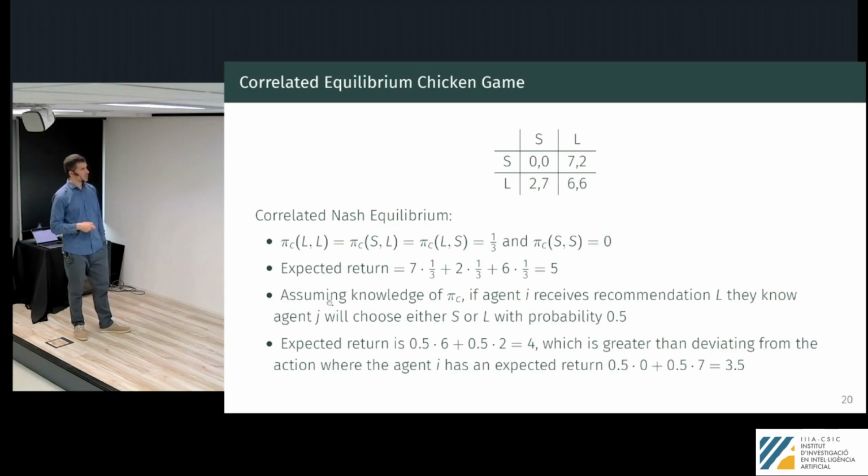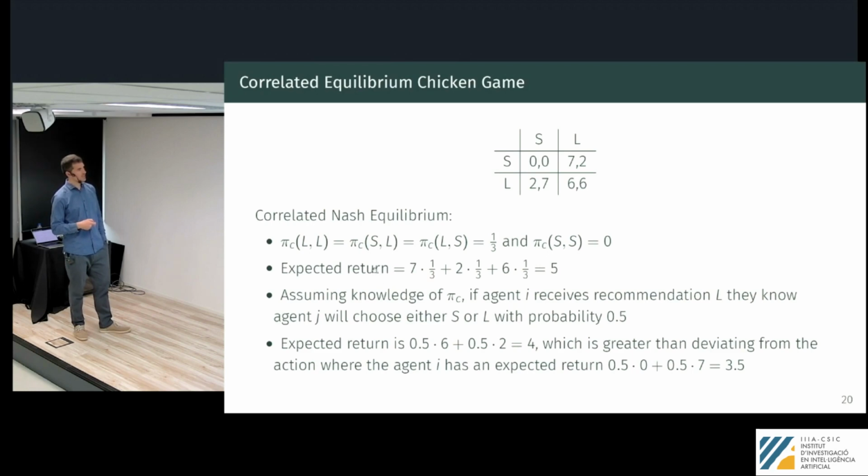So now let's say we have the centralized policy pi c, and let's say it gives these kinds of action probabilities. To the joint actions LL, SL, and LS, it gives probability 1/3 to each one of these combinations of actions. And then for the remaining combination SS, it gives probability 0. These are all the 4 possible joint actions you can do, and it gives 1/3 to these 3 joint actions and 0 to this particular joint action.